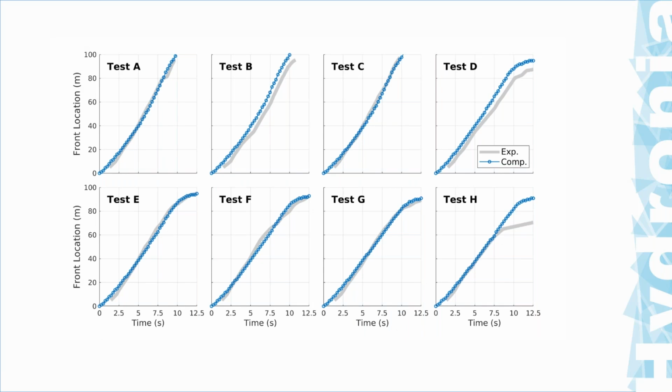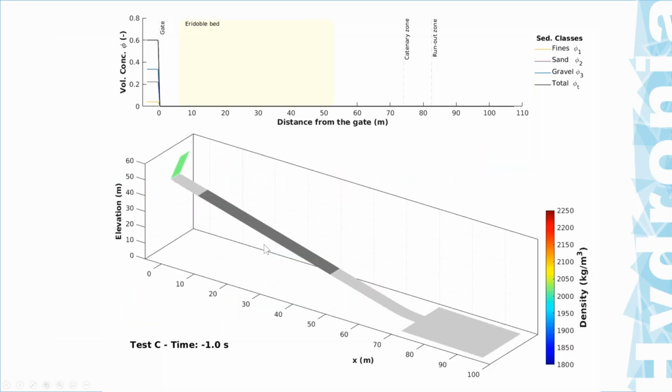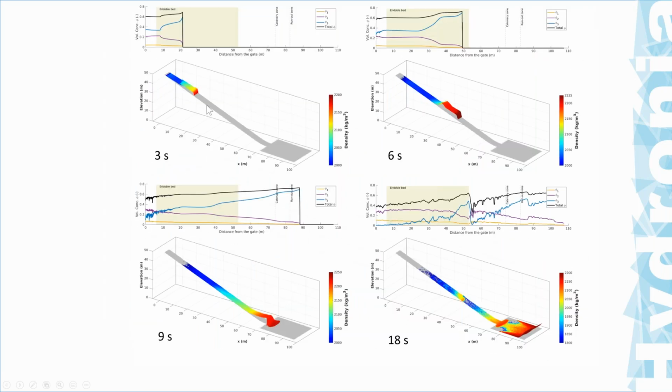Now we did a lot of comparisons. This is not a simple animation. We compare for the 8 experiments that USGS reported. We compare the frontal location. The front location is where the front is, meaning the location of the first arrival of the wave here, at each time.